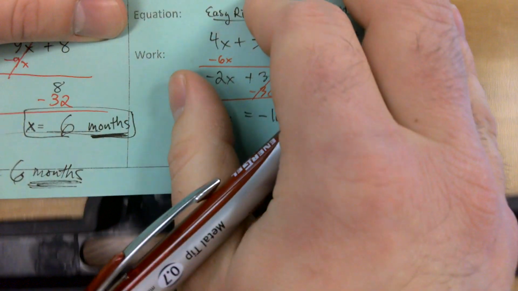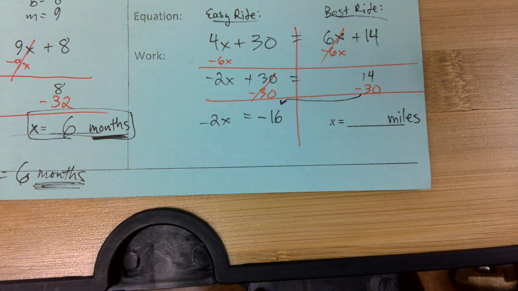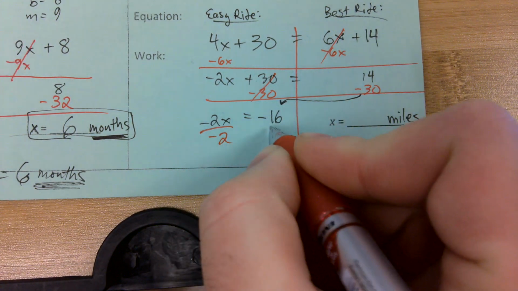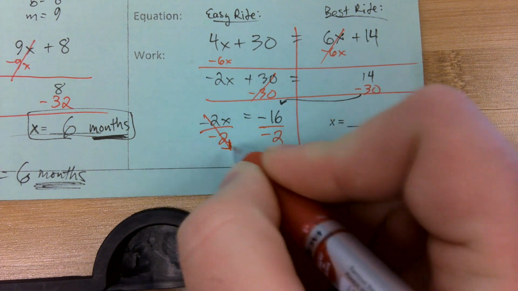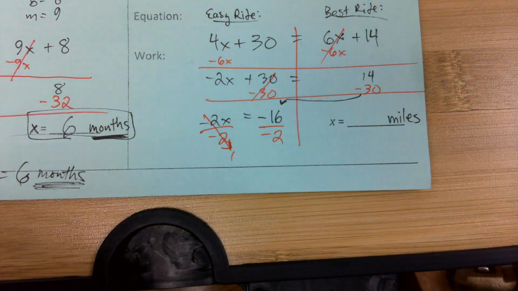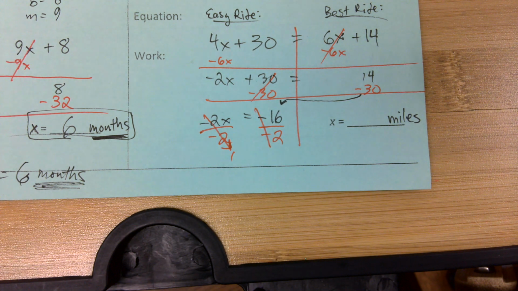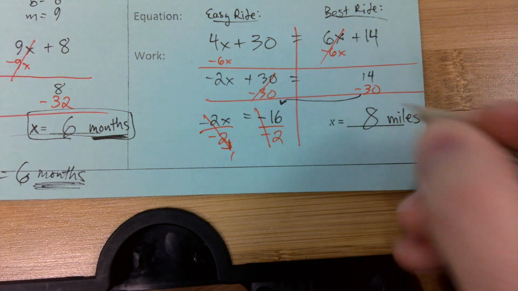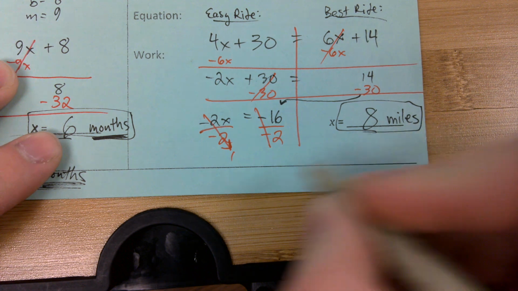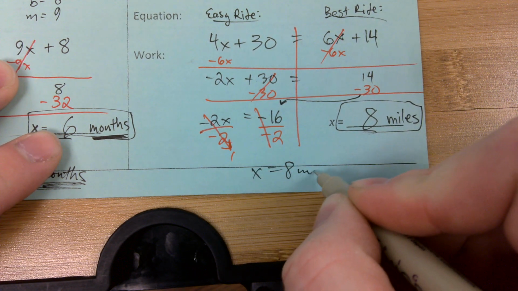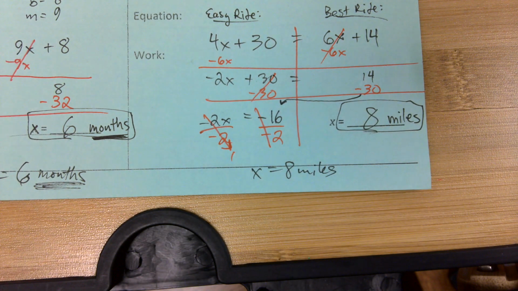And then we divide both sides by what? Negative 2. Negative 16 over negative 2. The negatives cancel out. And what's 16 divided by 2? 8 miles. Again, I saw a whole lot of 8s, not a whole lot of 8 miles.